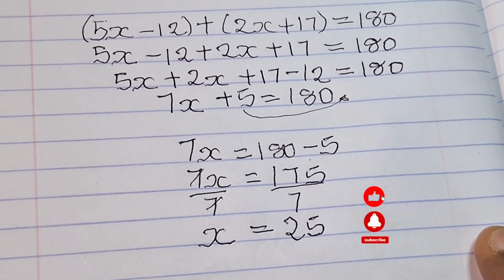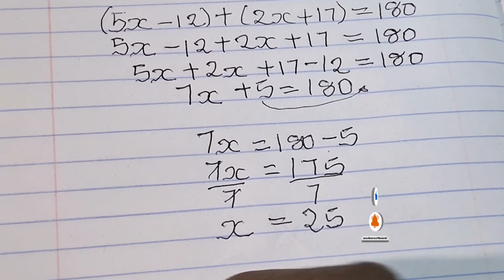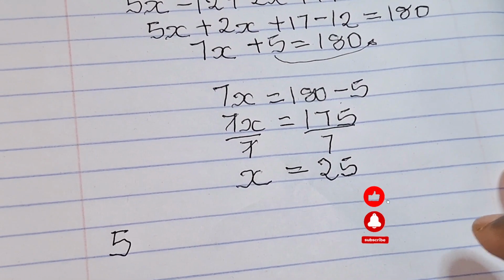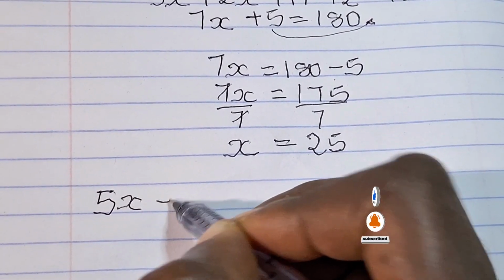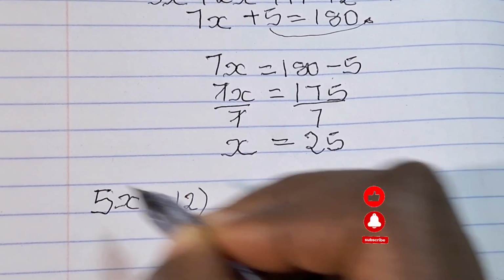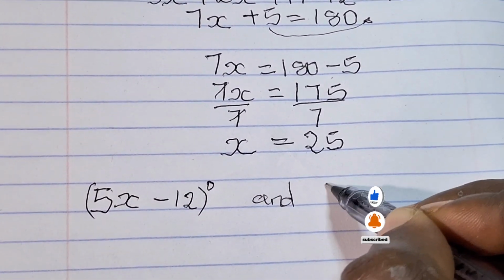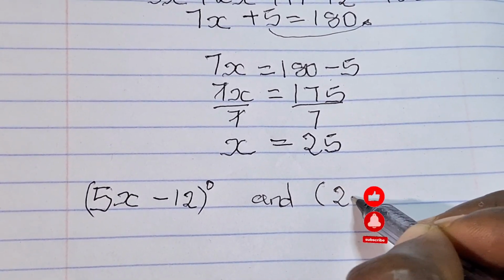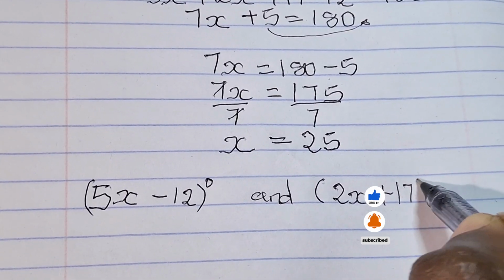But I'm supposed to find the acute angle. So I have two angles with the expression 5x minus 12 degrees and 2x plus 17 degrees.